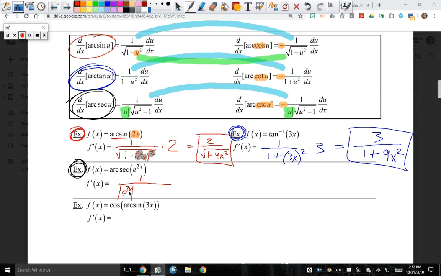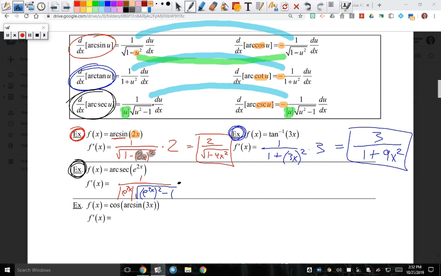And it's going to be times the square root of the stuff, notice my use of parentheses, squared, minus 1. Then times the derivative of the stuff. What's the derivative of the stuff?